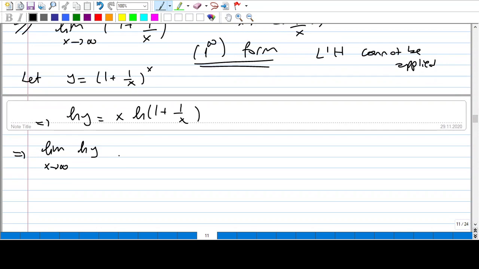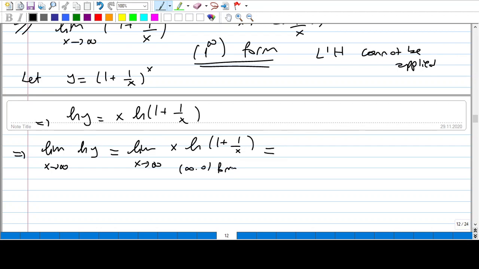The limit of ln y, which is equal to the limit as x goes to infinity of x times ln(1 plus 1 over x). If I rewrite this function, you see that we have infinity times 0. So this is of the form infinity times 0.